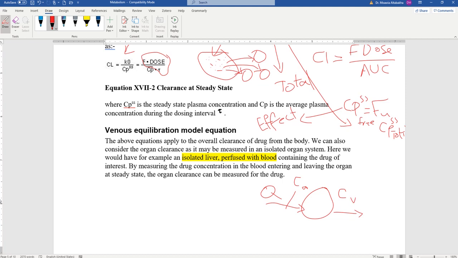So we have concentration in the artery coming in and a decreasing concentration that comes out in the veins.